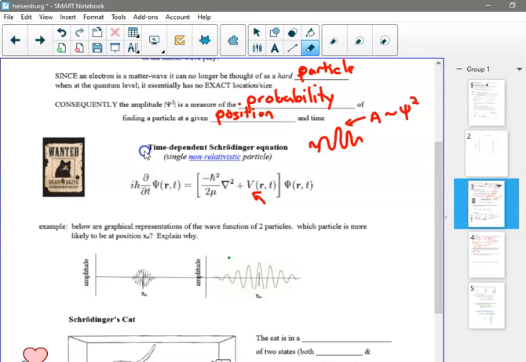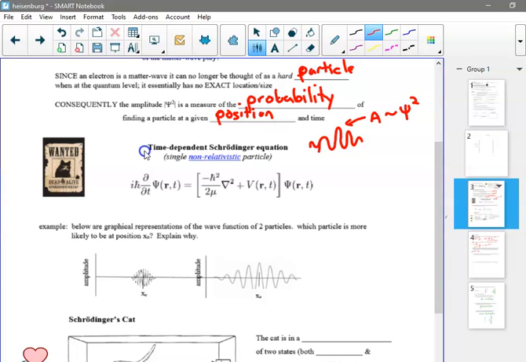You have an electron in a particular situation. It could be just a free electron. It could be part of an atom or in some other electric field such that this aspect of the equation will vary. But if you want to understand how that electron changes with position and time, you can't use classical physics where you treat the electron as a hard little particle that has a specific position at a specific time with a specific momentum.